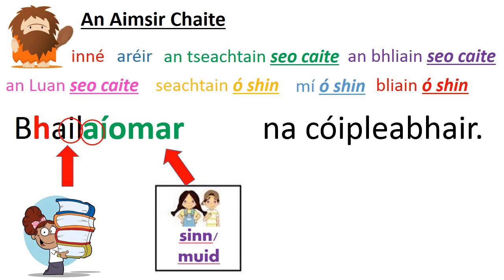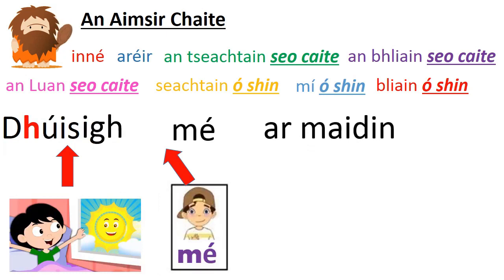Remember, I and E are caol. So anois tá guta leathan agam agus guta caol. Ní féidir liom guta leathan agus guta caol a chur le chéile. So tá sé mícheart. So caithfidh mé fáil réidh le sin, agus féach. Anois íamar. I have a new version of íamar now that will work because it has a guta caol here and a guta caol here. Caol le caol, sin ceart go leor.